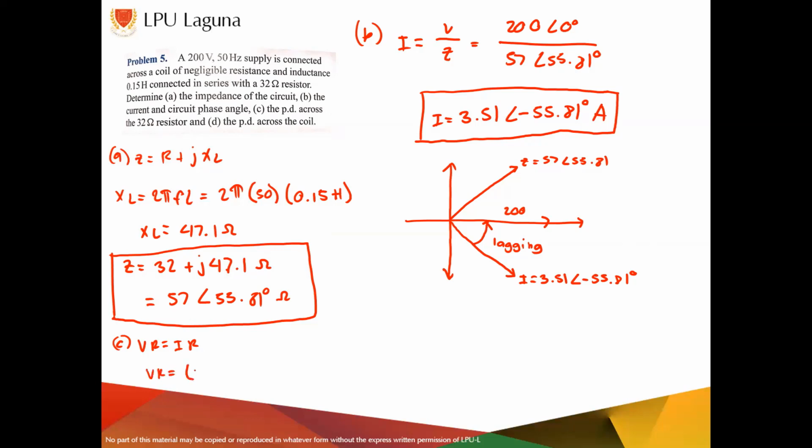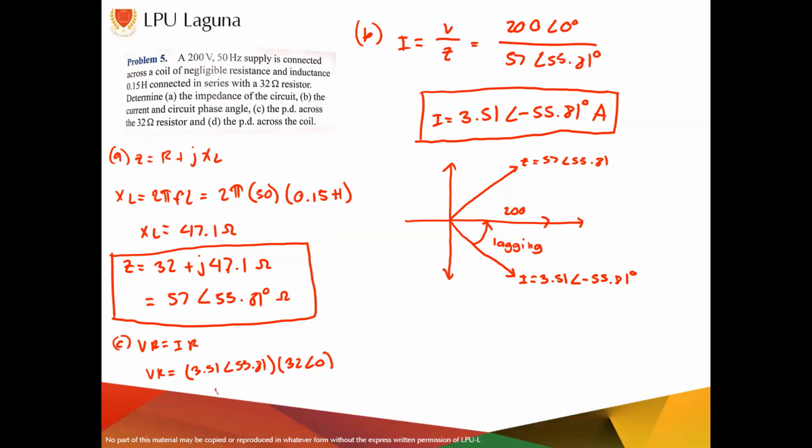Current is 3.51 bar angle negative 55.81 times R. Ang R natin is, since pure resistance, 32 bar angle 0.